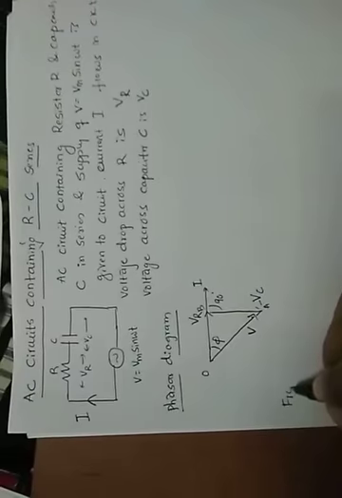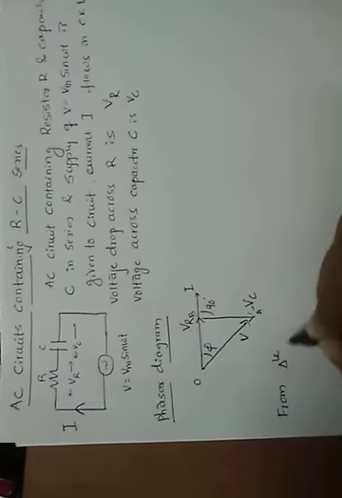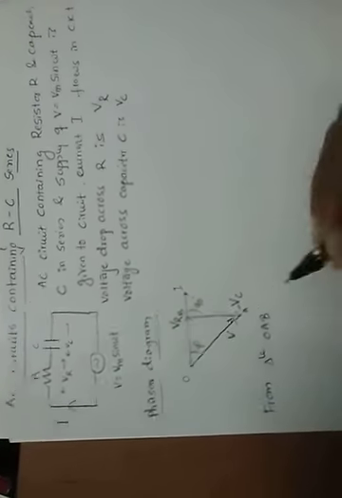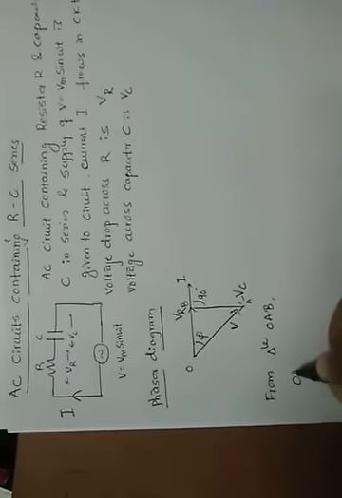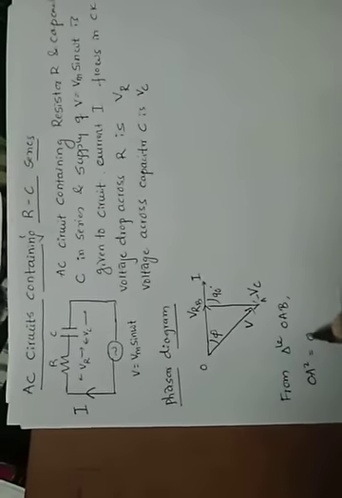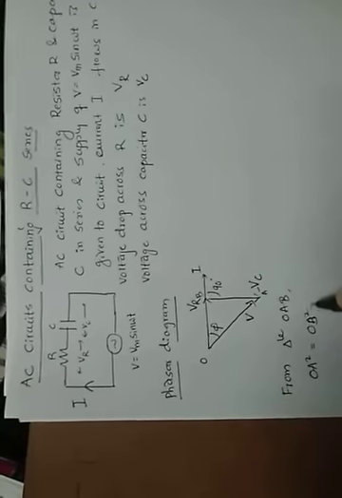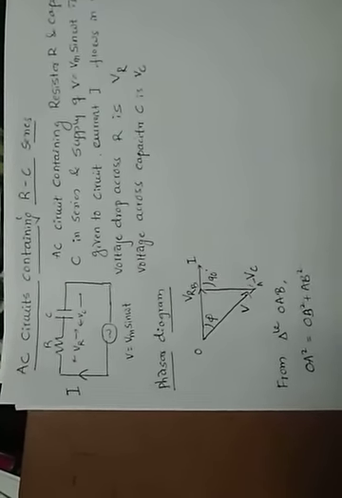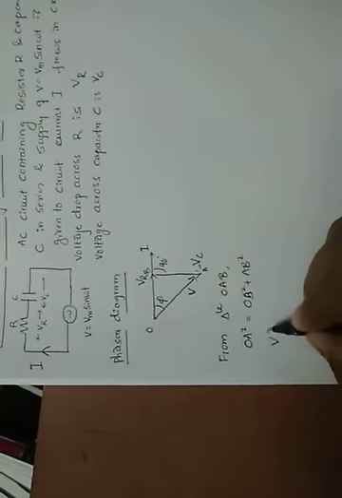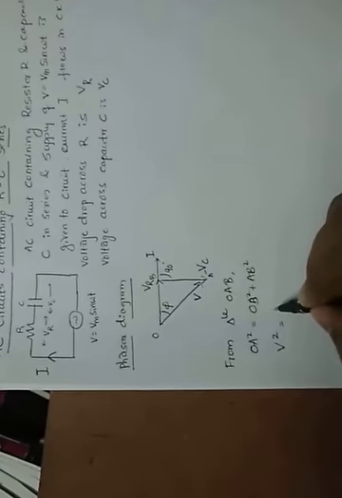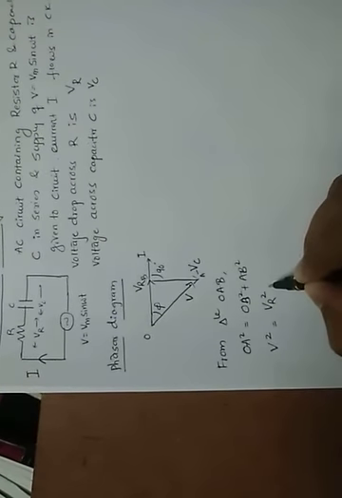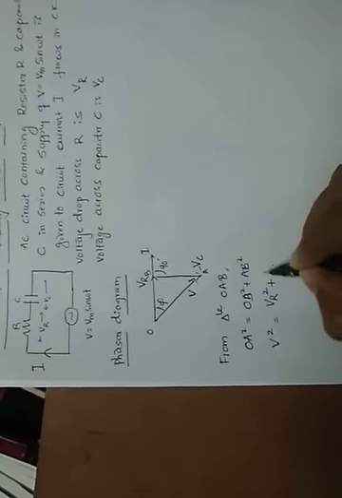From triangle OAB, we can write OA square is equal to OB square plus AB square, according to the Pythagoras theorem. So OA square is the total V square, equal to OB square, which is the voltage across resistance VR square, plus BC square.